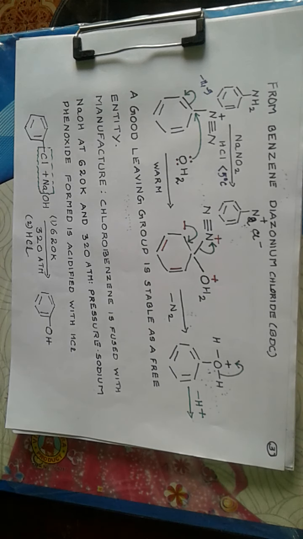And N2 positive is a good leaving group. The quality of a good leaving group is that it is stable as a free species. Now N2 positive takes up one pair of electrons, it becomes N2 molecule, that is nitrogen gas, and nitrogen gas is highly stable, least reactive. Similarly, OH2 positive takes up a pair of electrons, we get a stable molecule, water. So OH2 positive, N2 positive, etc. are good leaving groups, we say.